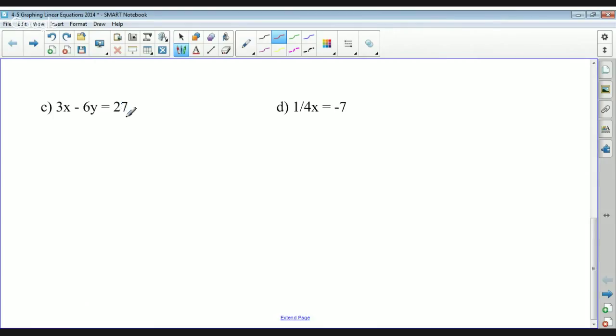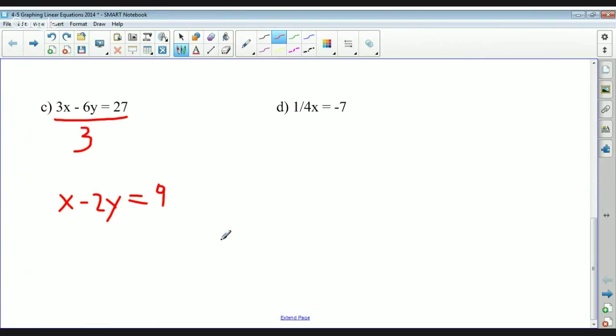So what we need to do is go through here, and we need to divide all three of these terms by 3. So that 3 divided by 3 leaves us with 1x. Negative 6 divided by 3 leaves us with negative 2y equals 27 divided by 3 is 9.